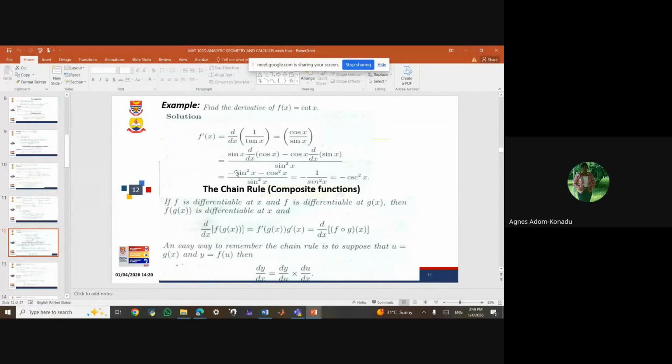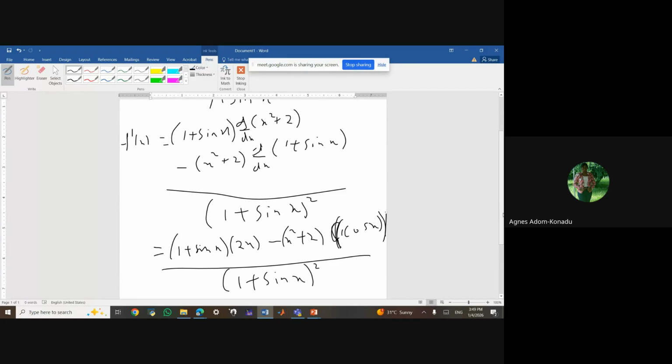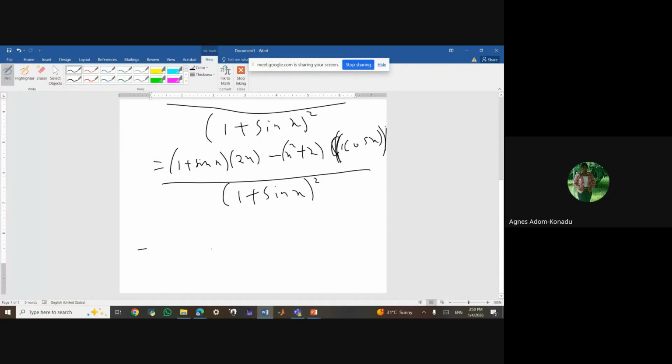Okay. Then you have to use, so negative sine squared x minus cos squared x is the same as negative outside, sine squared x plus cos squared x. Then we have one identity of this. I'll write 1.